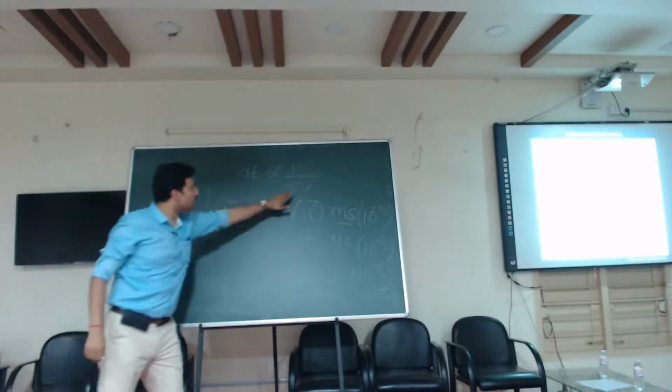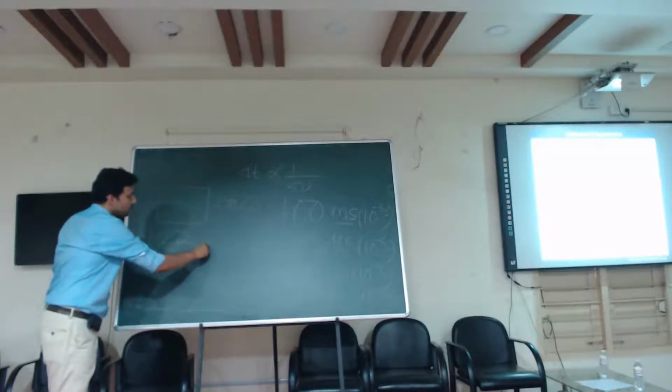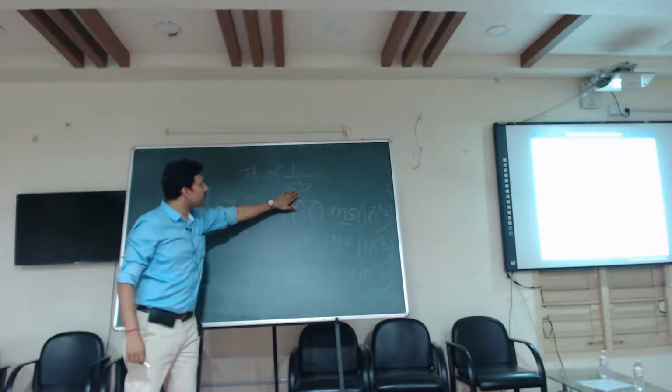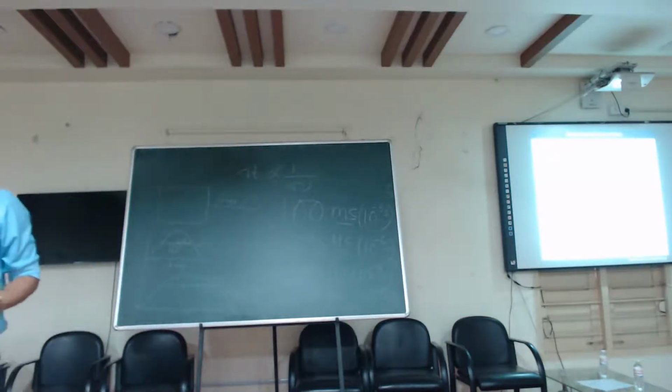I need a very, very large delta nu. Delta nu is this width. I need a very large delta nu to get a very short pulse. I need very large bandwidth.